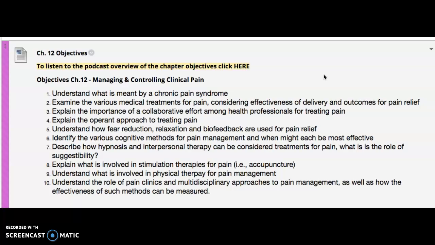And then the role of pain clinics, which have become much more widely used, this being because we now approach pain from a multidisciplinary sort of viewpoint, in that the management of pain is often kind of the fine-tuning of many different doctors and different specialists that come into play to try to deliver as effective a treatment as possible for the patient.